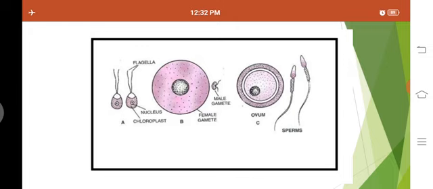The male gamete is very small in size and the female gamete is very big in size. Are both the same in their appearance? No, because the male gamete is very small and the female gamete is very large. Also, morphologically they are dissimilar in their appearance.